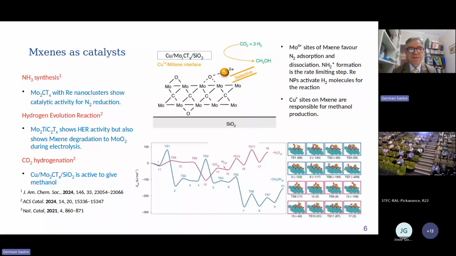This is the case of molybdenum carbide MXene, in which the termination is oxygen anions, and then copper nanoparticles are introduced in the material for the hydrogenation of carbon dioxide to methanol.